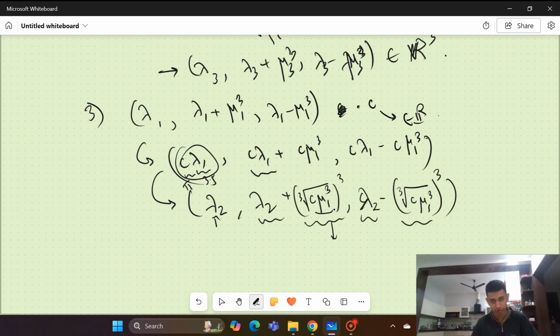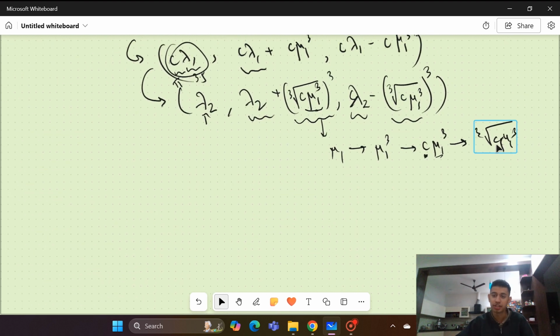Because c mu 1 cube is a real number, since mu 1 is a real number. If mu 1 is a real number, then mu 1 cube is a real number. Then c mu 1 cube is a real number, since multiplication of the real number set is closed. And then the cube root of this must also be a real number, since the domain and range of the cube root function is again real number set to real number set.